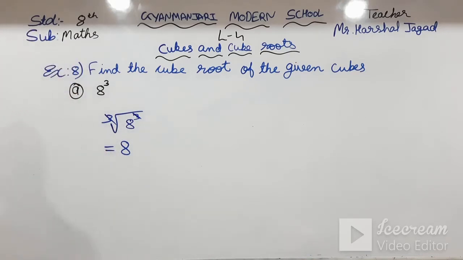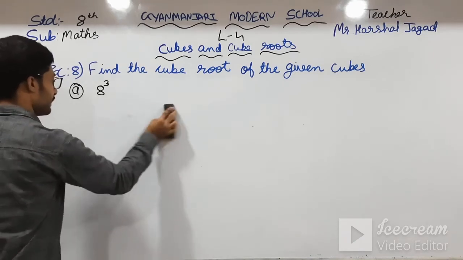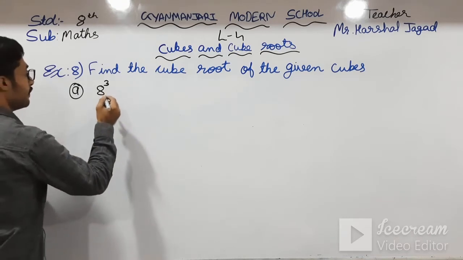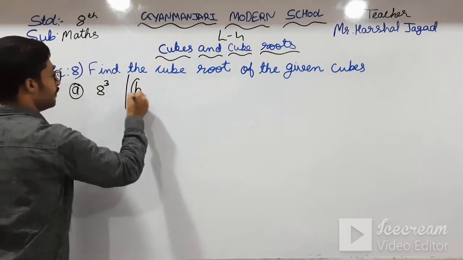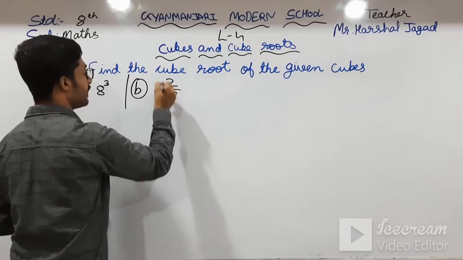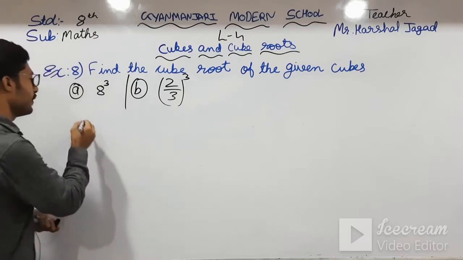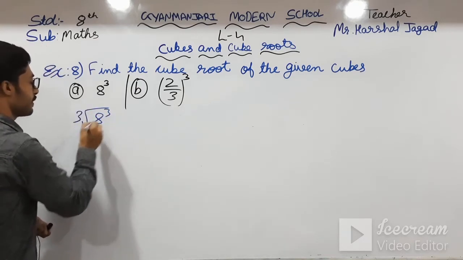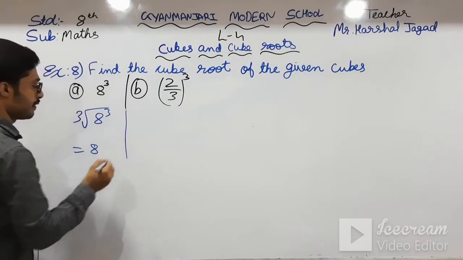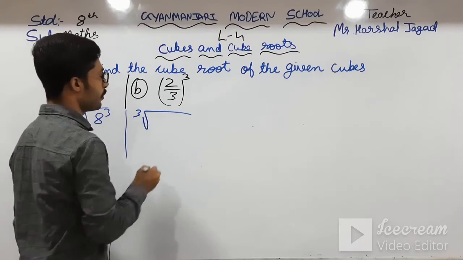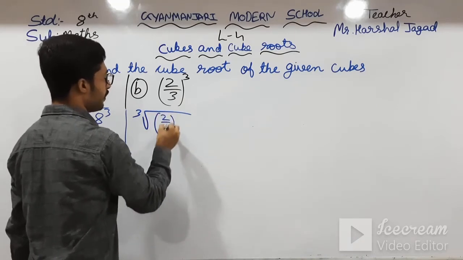Okay students, let us see the next one, that is B, 2 by 3 whole cube. First of all, try it by yourself, students. What do we have to do? We have to take the cube root of 2 by 3 whole cube.